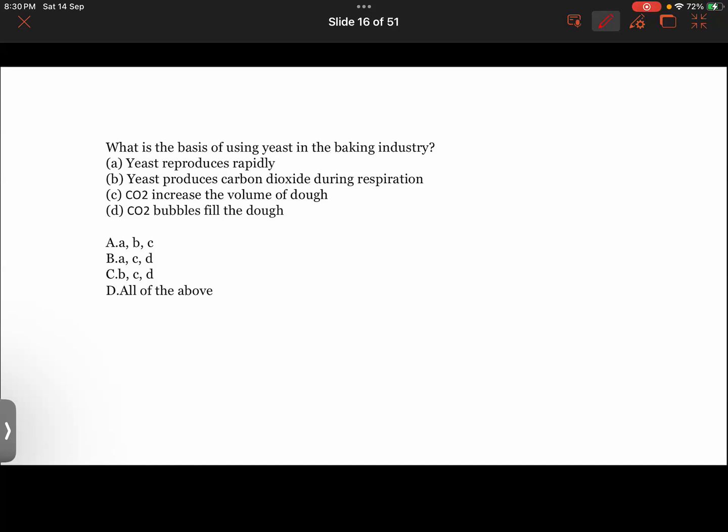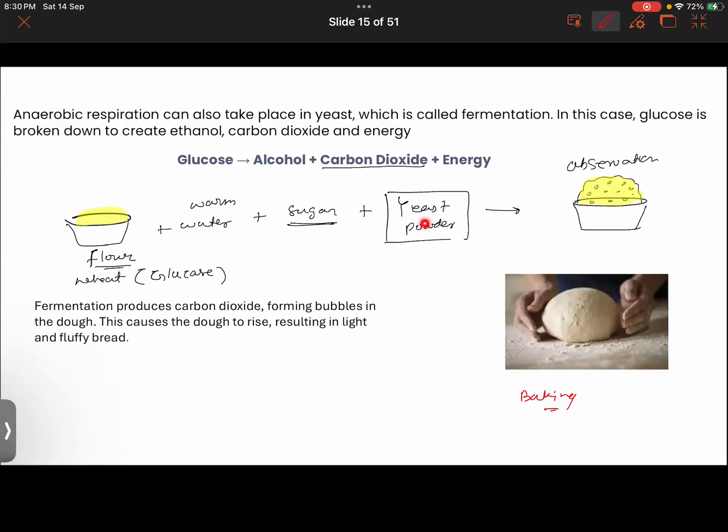But you see, all of them are correct here, because yeast also reproduces rapidly here. The number of yeast cells will also rapidly multiply. When it gets the right nutrition and the right conditions, its numbers start to multiply.